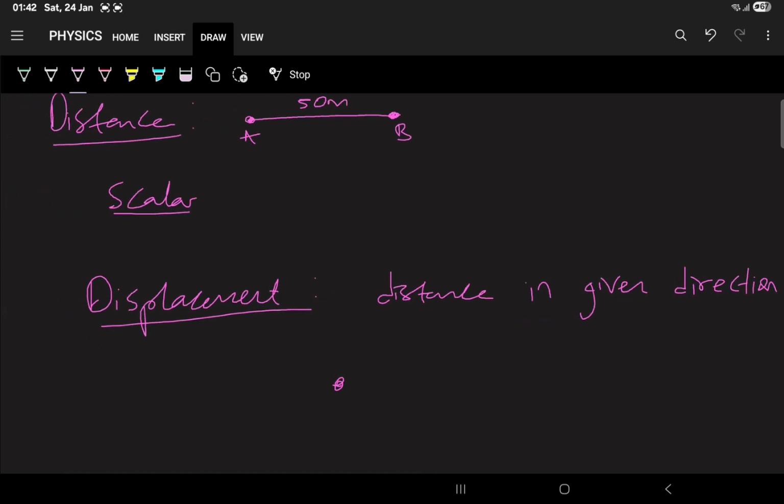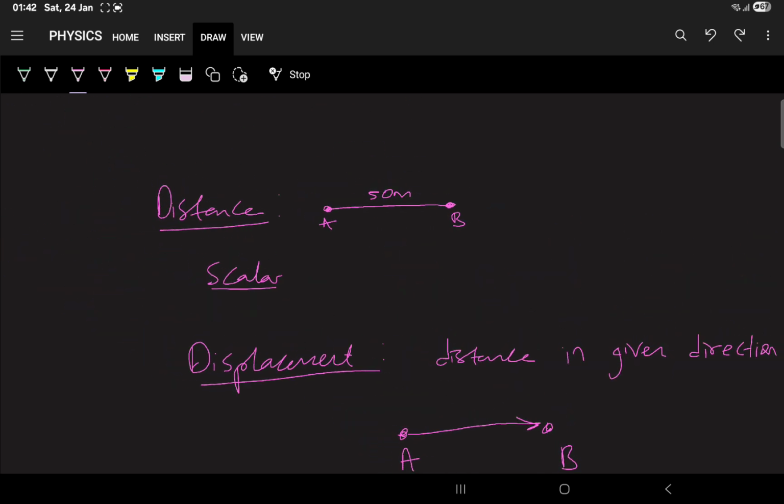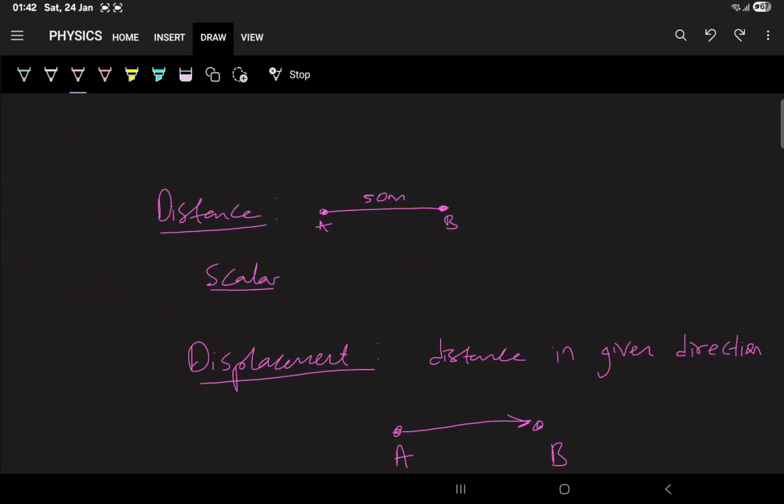So you usually see it something like this. Now notice the difference here. I put an arrow signifying direction. That's how you can easily tell a displacement. The arrow shows it's going in a given direction, whereas for distance here, it's just a straight line.